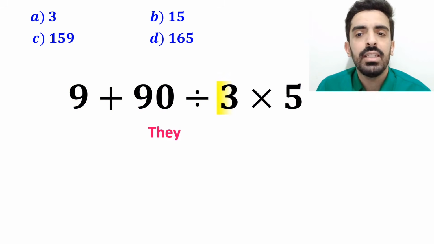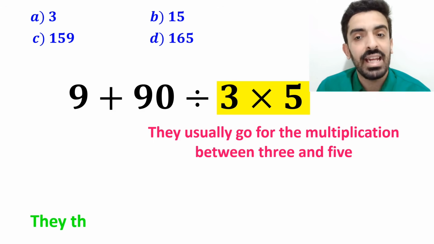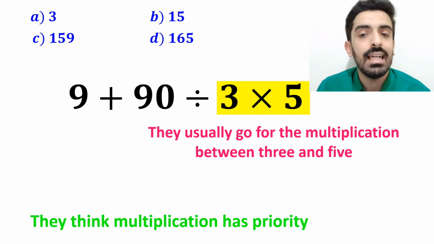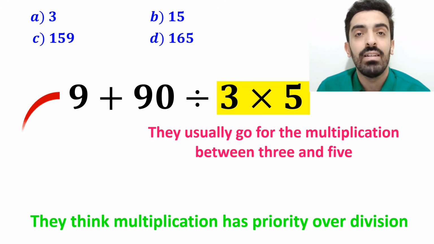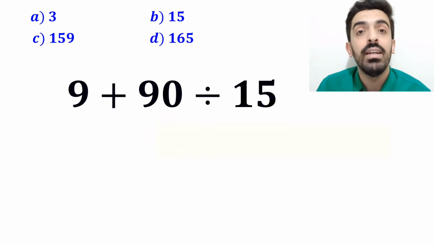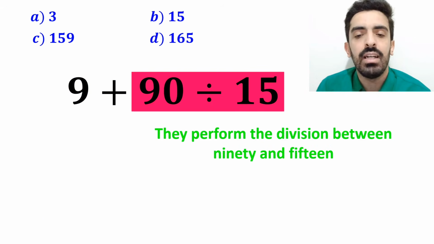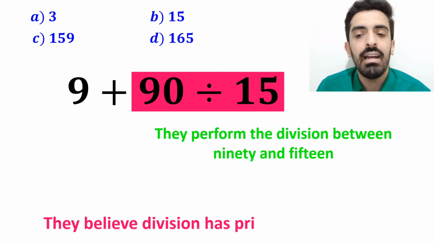In the next step, they usually go for the multiplication between 3 and 5 because they think multiplication has priority over division. So, they rewrite this expression as 9 plus 90 divided by 15. Next, they perform the division between 90 and 15 since they believe division has priority over addition.